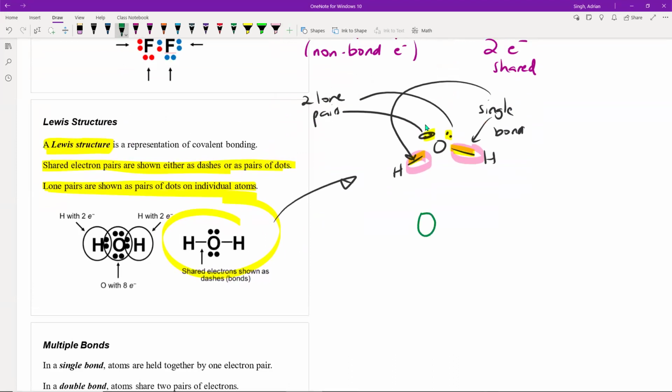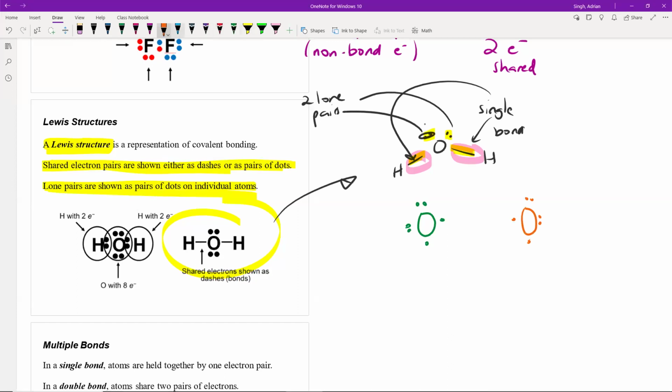Oxygen, as we know, is in group 6, so it's got 6 valence electrons. It wants to have 8 to be happy. It needs 2 more. I have another oxygen over here. It also has 6, so it also needs 2.